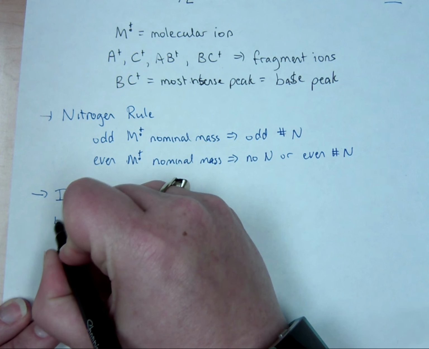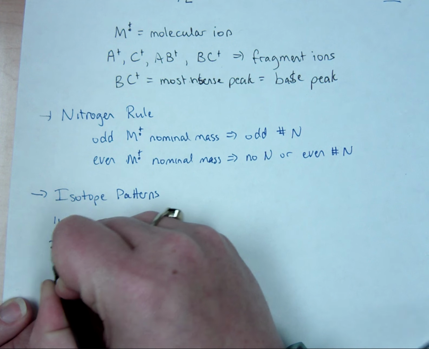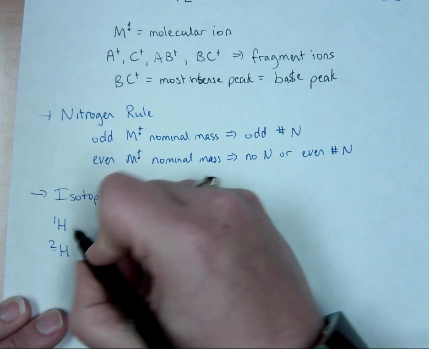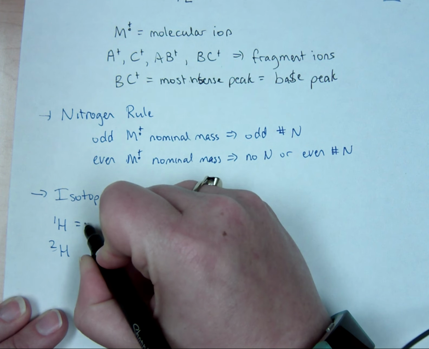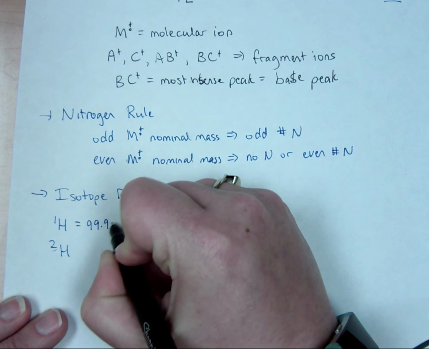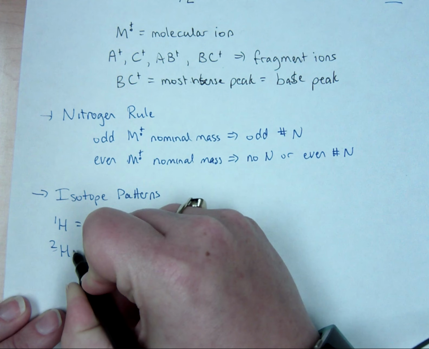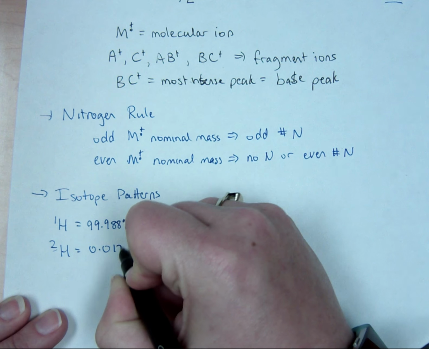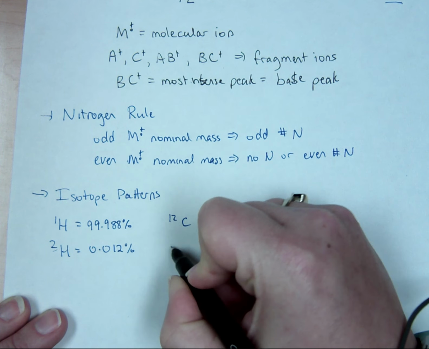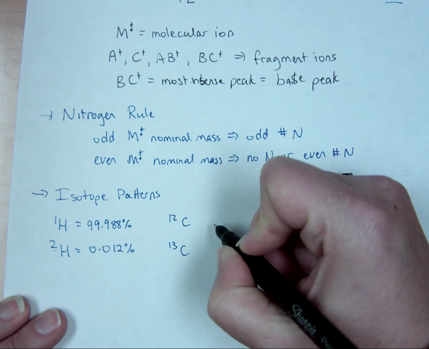We know that we have hydrogen and deuterium, where deuterium has one extra neutron. Now hydrogen 1 occurs 99.988% of the time. Deuterium is only 0.012%. We can also have carbon 12 and carbon 13.